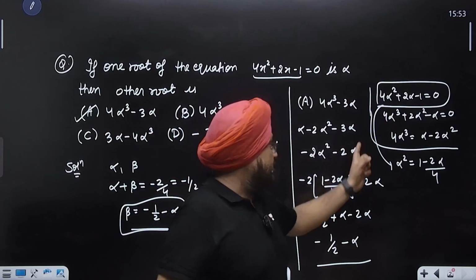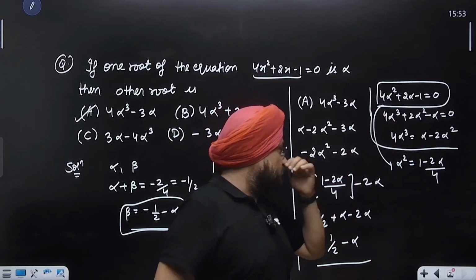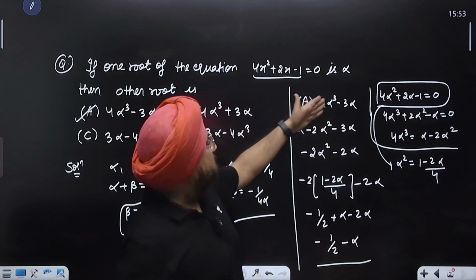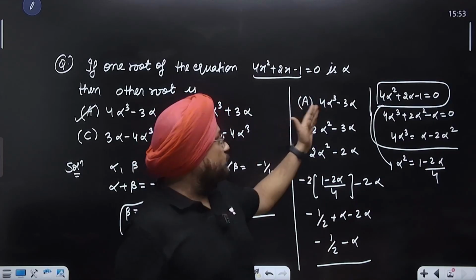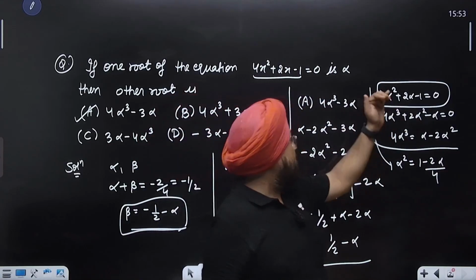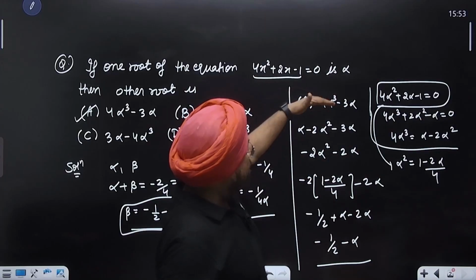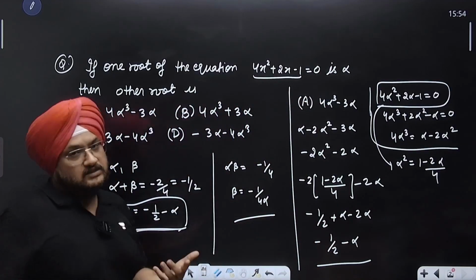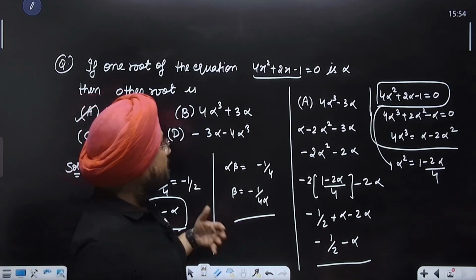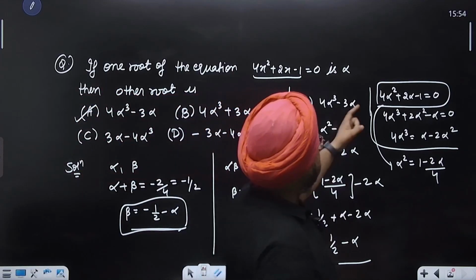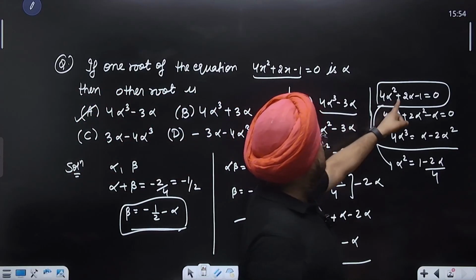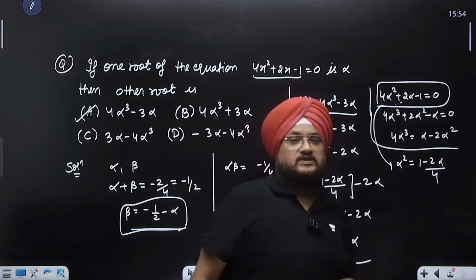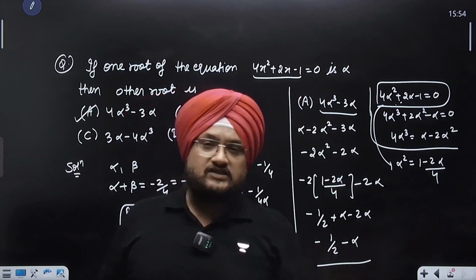This is a very good problem if we want to do it using only the concept of quadratic equation. 4 alpha square is equal to 1 minus 2 alpha. We have reduced this alpha cube term, this cubic expression. Using this expression, we have reduced this cubic expression into a linear one, and this linear one is our other root. We could also divide this cubic expression by this quadratic expression, 4 alpha square plus 2 alpha minus 1.